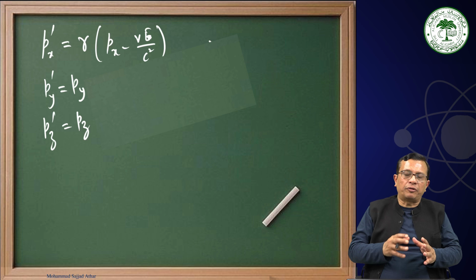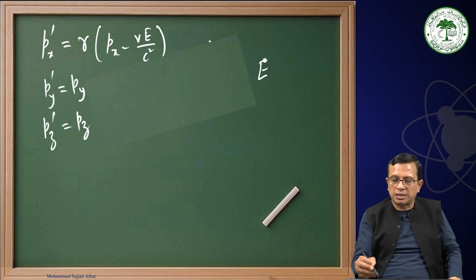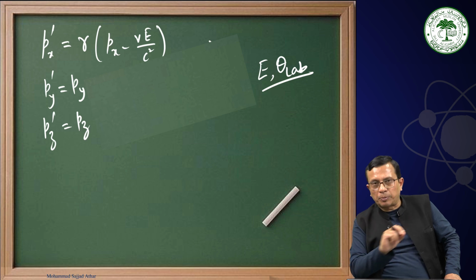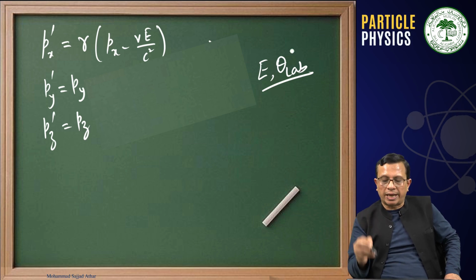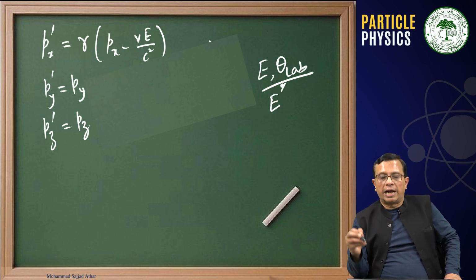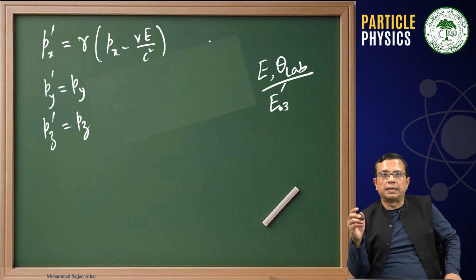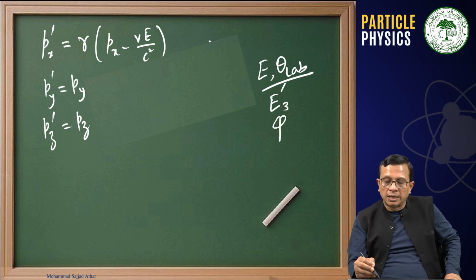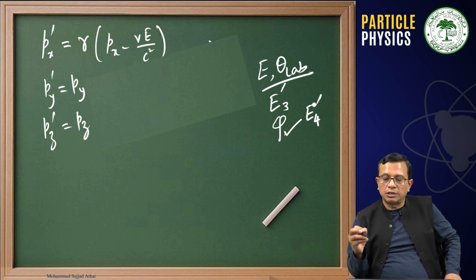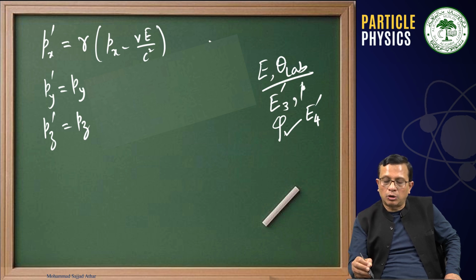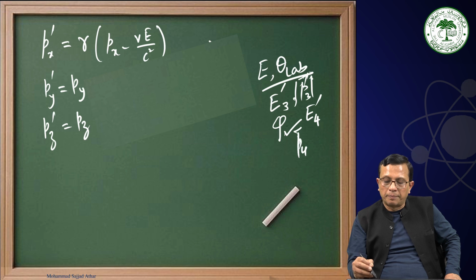If you know it for one frame, that means, as we spoke about yesterday, if I know the energy of the projectile and the lab scattering angle, I will be able to tell the energy of the outgoing particle 3, at what angle the fourth particle was moving out, and what was the energy of that fourth particle. Therefore, you will be able to tell the momentum of the particle P4 prime.